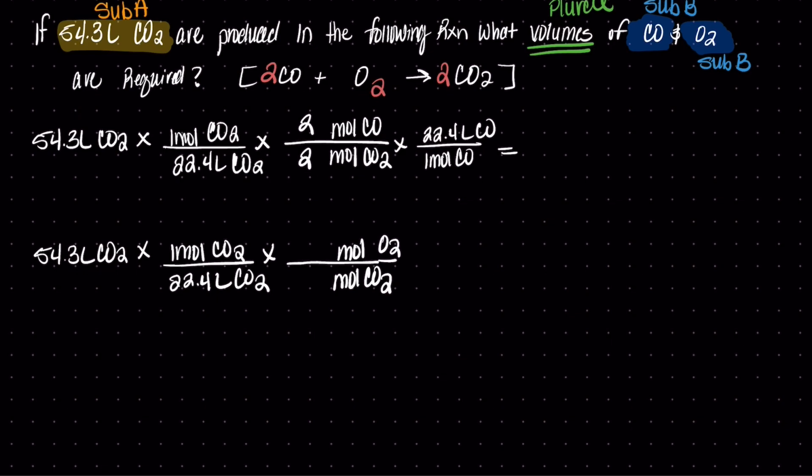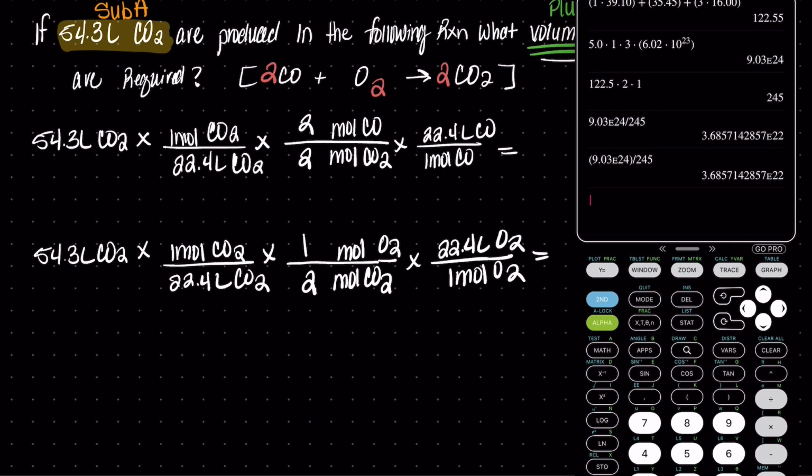And that, ladies and gents, is a 2-to-1 ratio right there. But that's moles of oxygen. I'm asked for volume up here, I'm asked for volume of each. So I add in another one, 22.4 liters of O2 over 1 mole of O2. Then we just sit down and do some math.